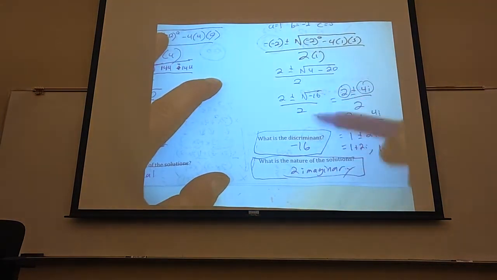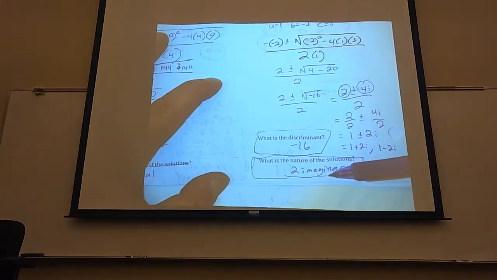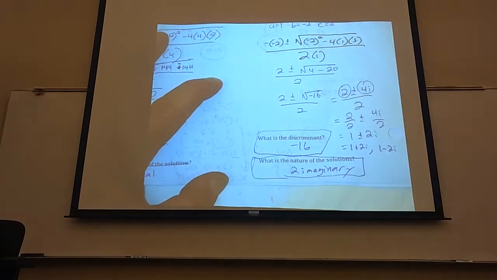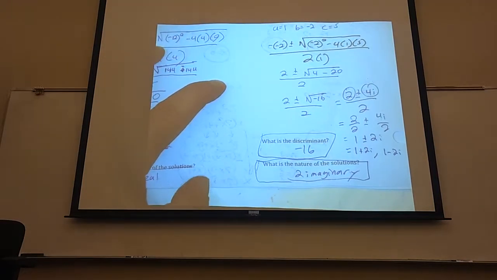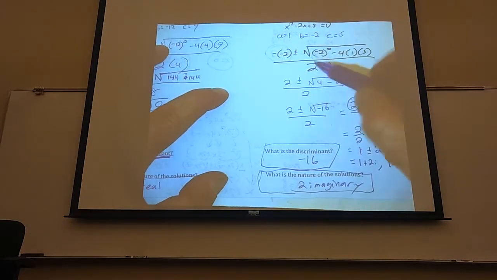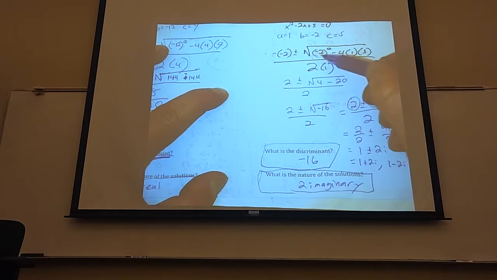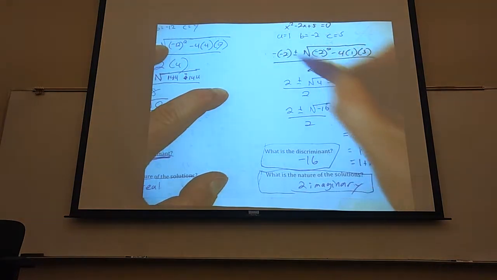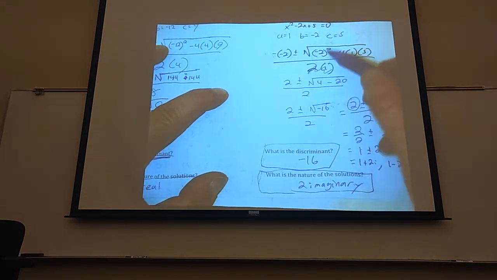In reality, is this really useful for most people? No. Being able to save these 2 or 3 steps in order to figure out you're going to have imaginary solutions isn't really useful in some cases. Like if you don't want imaginary solutions, you want to stop working this as quickly as possible, well, that would be very important, to be able to eliminate this part and just do that.